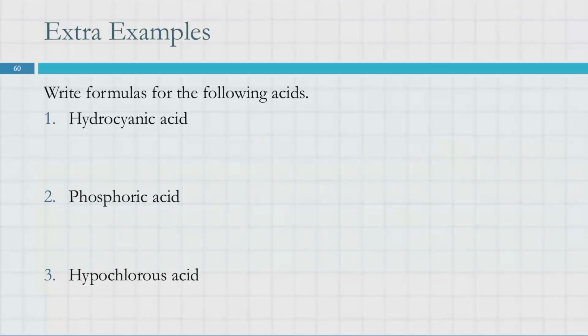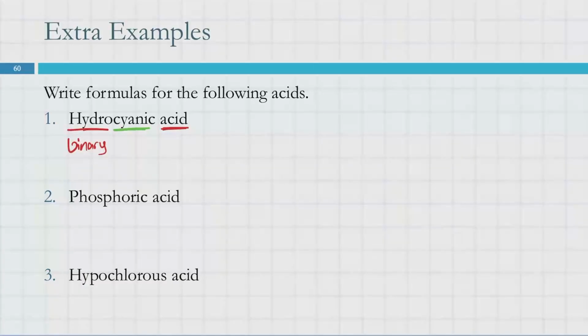We first got hydrocyanic acid. What kind of compound is hydrocyanic acid? It's an acid. It is, because of the hydro, a binary acid, or it uses the binary acid naming convention. That means we're going to have hydrogen and something that's not an oxyacid, essentially.